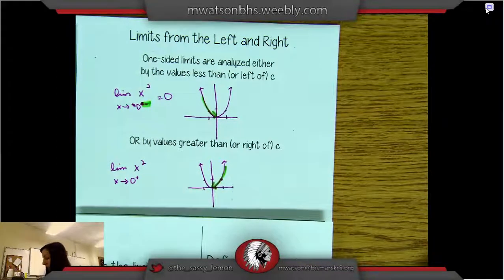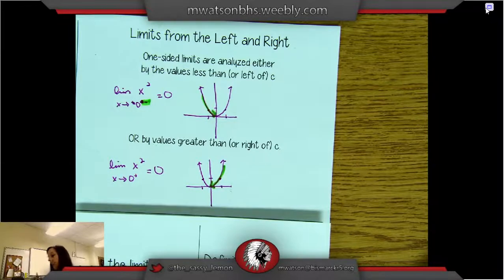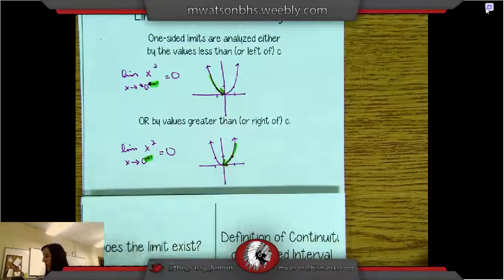And again, it equals 0. Now there is some importance about whether the left and the right equal the same value, because that has to do with does the limit exist or not. Okay, so here the limit does exist because the limit from the left and the right are equal.